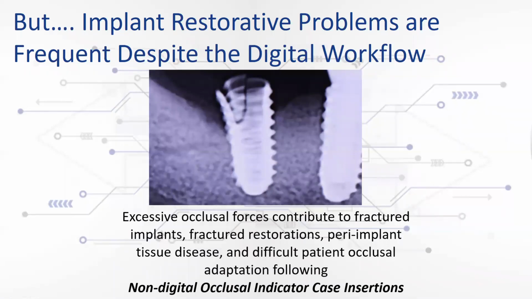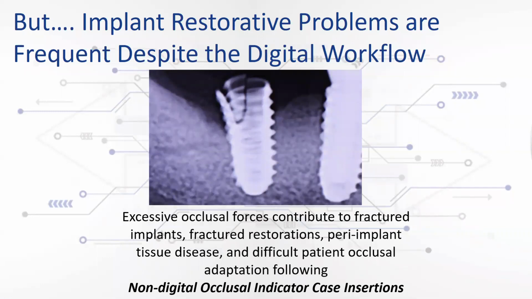And excessive occlusal forces fracture implants, they fracture restorations. Chipping of porcelain is very common, broken parts are very common, peri-implant tissue disease is very common. And the thing that we're really talking about today, difficult patient occlusal adaptation, is the most common thing that I saw, as I mentioned in the introduction.